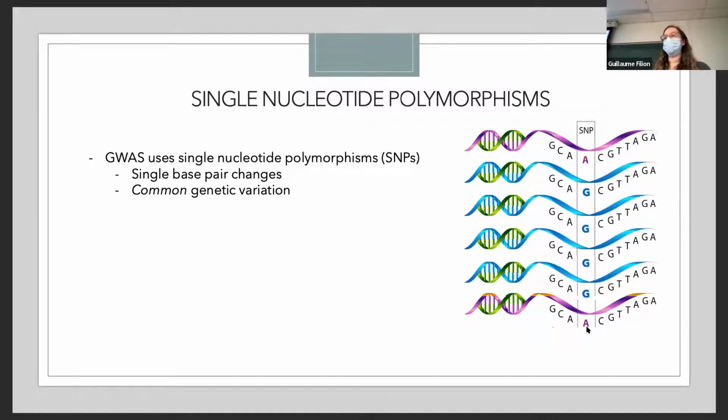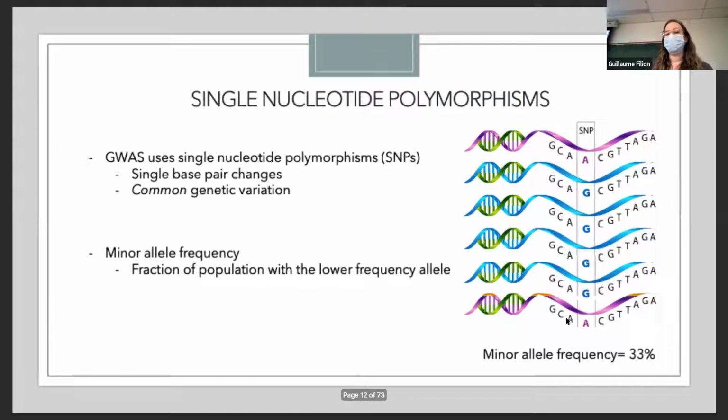And this describes a quite common genetic variation. SNPs are usually quite common in the genome, found in at least 5% of individuals in the population in order to be called a SNP. An important aspect, especially when we talk about population genetics with SNPs, is defining which allele is the minor allele and which is the major allele.